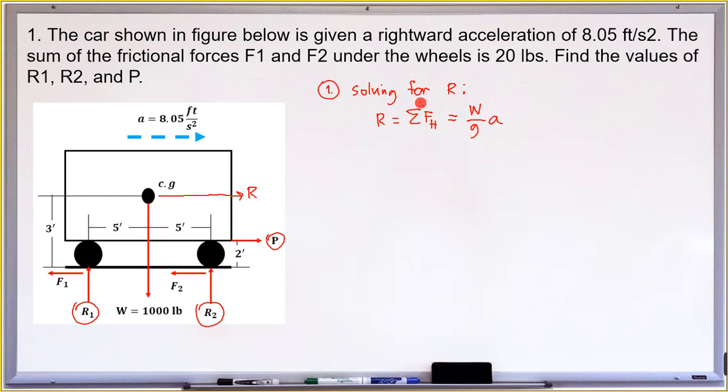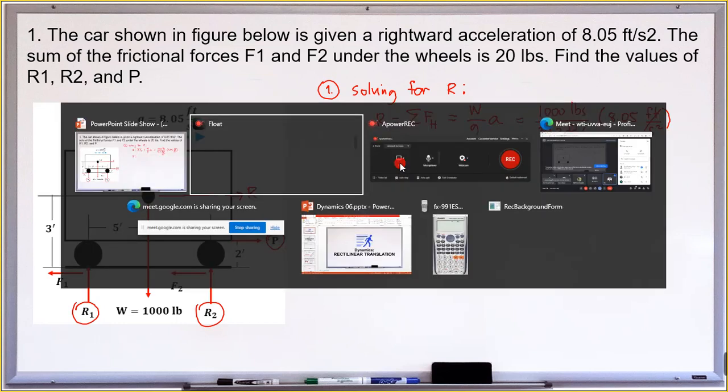So there is no need to sum the forces along the horizontal; just use the second formula. We have weight, 1,000 pounds; gravity, 32.2, English unit, feet per second squared; and the given acceleration, 8.05 feet per second squared. Okay, cancel out.